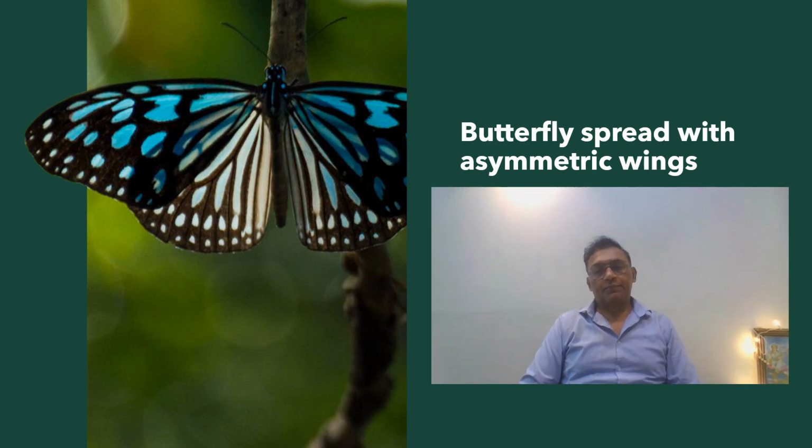On today's video presentation, we shall talk about broken wing butterfly spreads, or the asymmetric butterfly spreads. As the name suggests, in these kinds of butterfly spreads, the wings are asymmetrical about the center strike price.